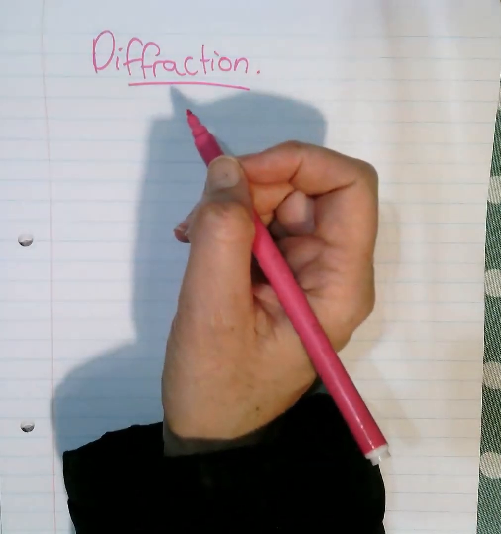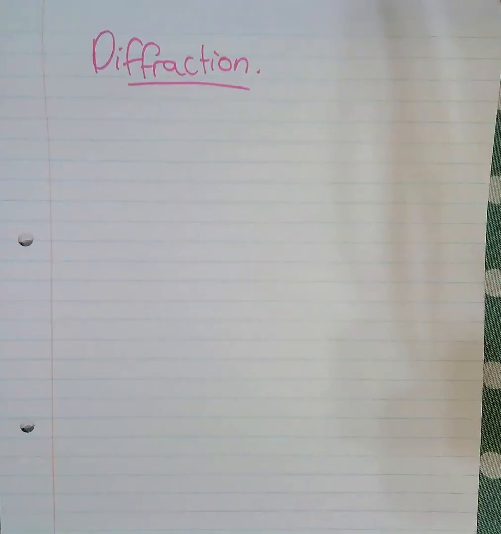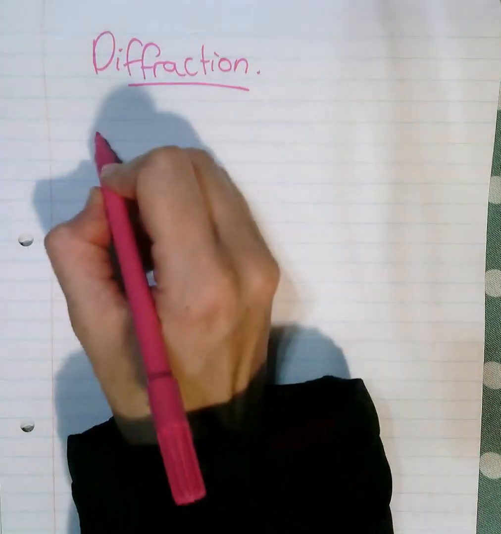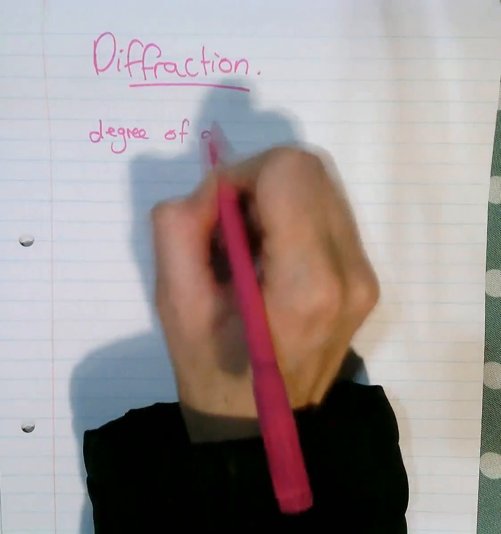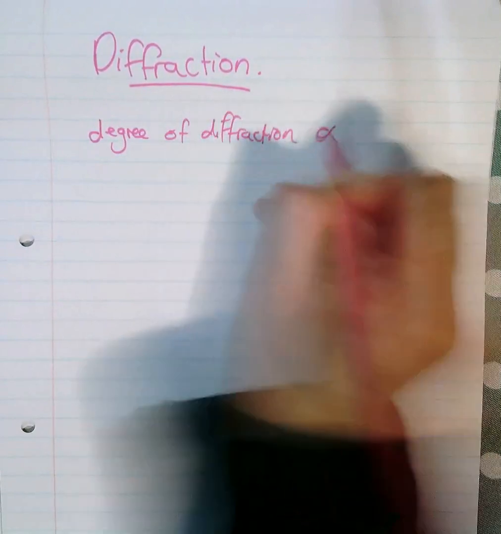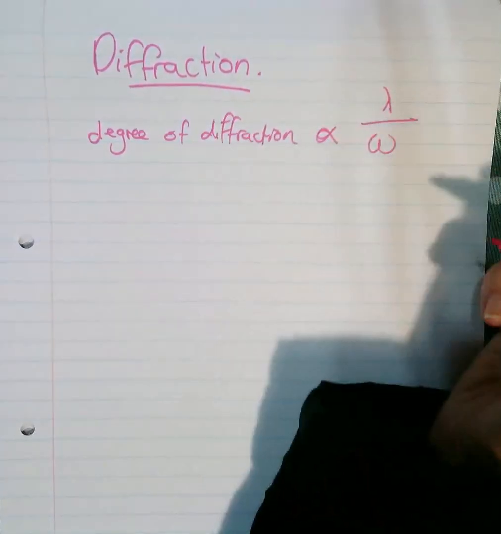Okay, so for diffraction, there's just one little concept I quickly want to explain. So they say there in your textbook that the degree of diffraction is directly proportional to the wavelength and inversely proportional to the width of the slit.